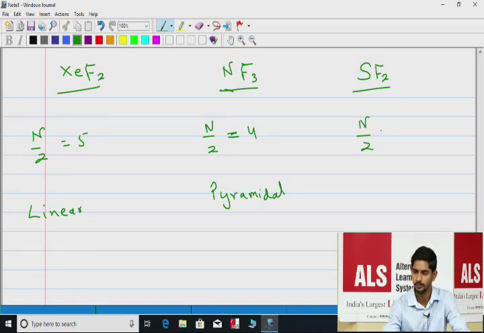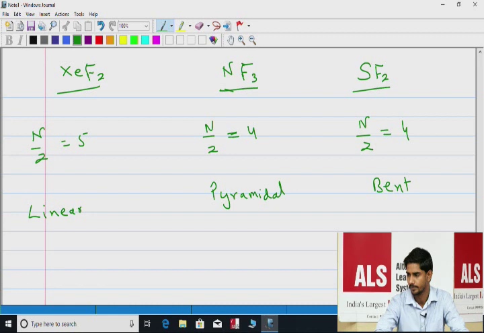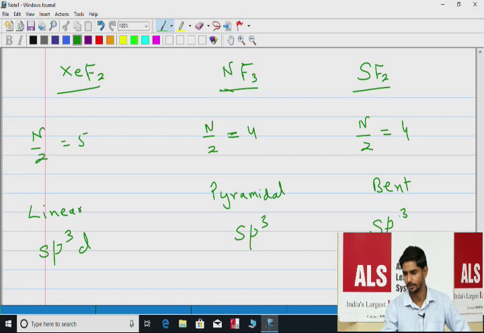Here n by 2 will be again 4, and on solving you will get bent. Any doubt in these questions? If I talk about the hybridization, this is your sp3d, this is your sp3, and this one will also be sp3.